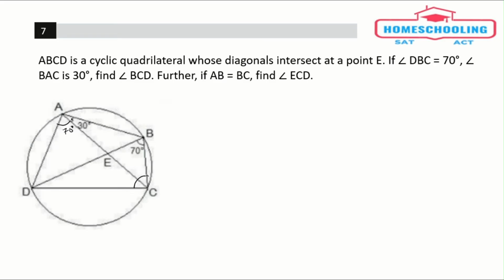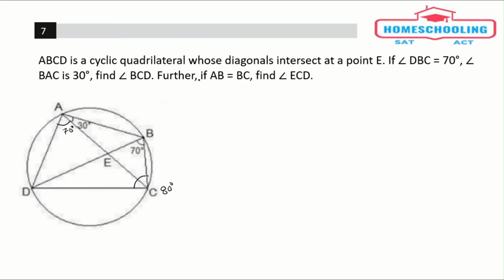Now this is 70, this one is 30, and in a cyclic quadrilateral the sum of opposite angles is 180 degrees. So angle A is 70 plus 30, 100 degrees. So 180 minus 100 is going to be 80 degrees. So the whole angle, BCD, would be 80 degrees.